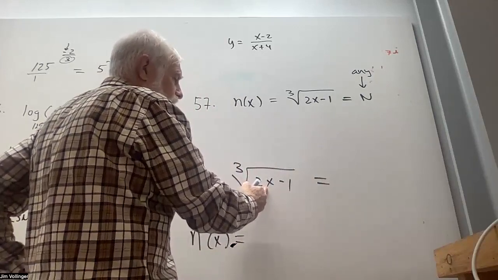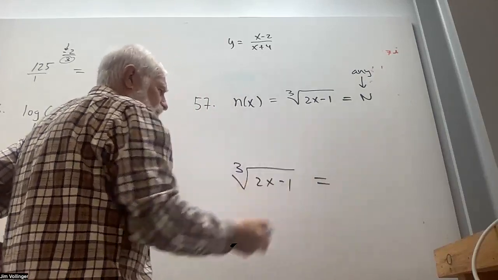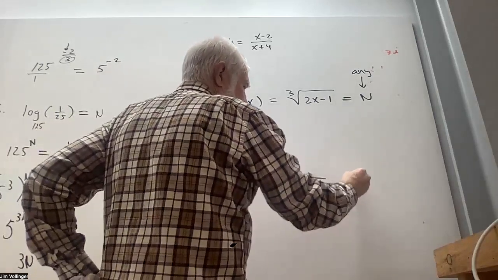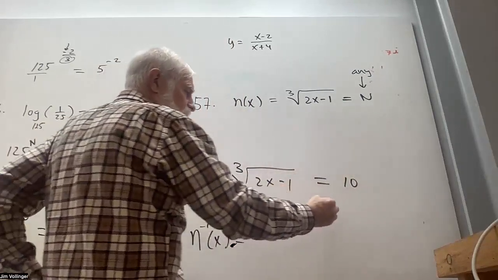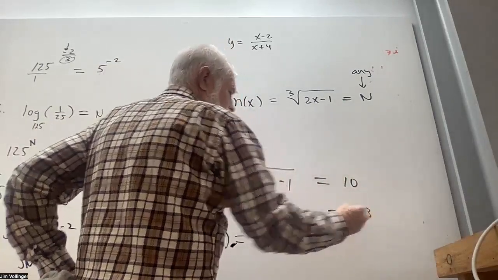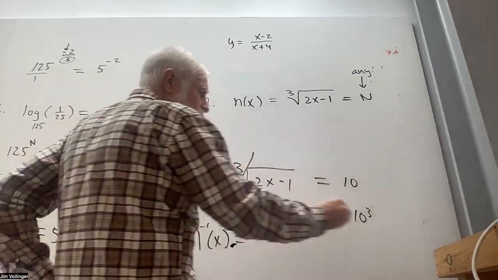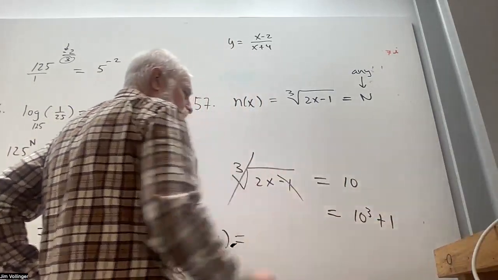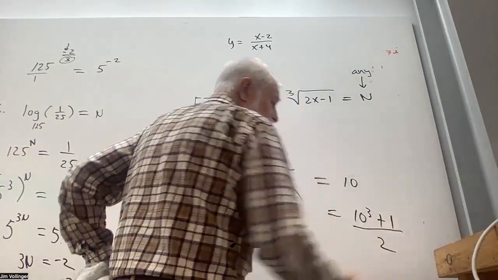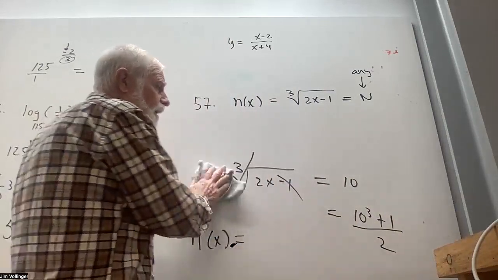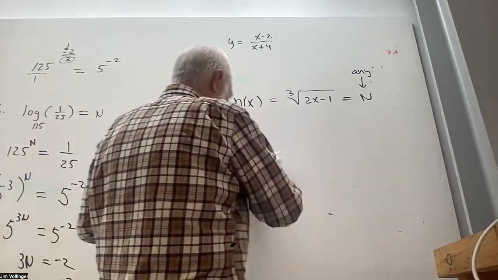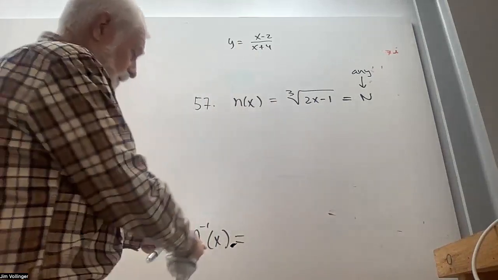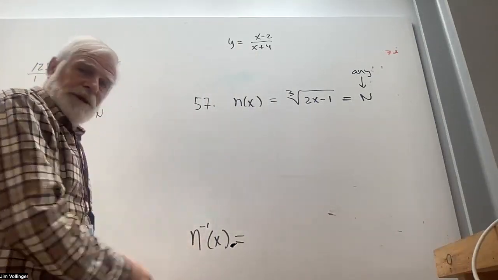Let's make this number 60. That's going to be fractional, so let's just say it equals 10. What would be the first thing you would do? You'd cube it, right? You get rid of the cube root. You'd add 1, get rid of that, and then you divide by 2. And you'd have an answer. So that's how we get an inverse, and that's what this notation means.